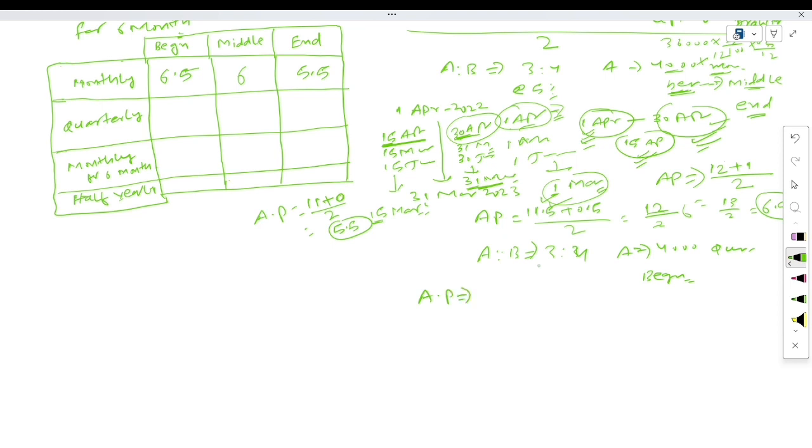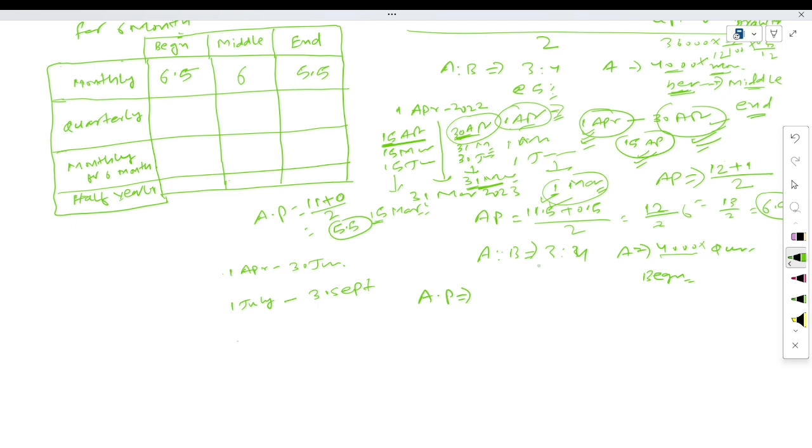What would be the average period? See here, he is withdrawing rupees 4,000 quarterly. Quarterly in the sense, how many months will be there in a quarter? 3 months. It means 1st April to 30th June. This will be the first quarter. Next quarter, when will it be? 1st July to 30th September.